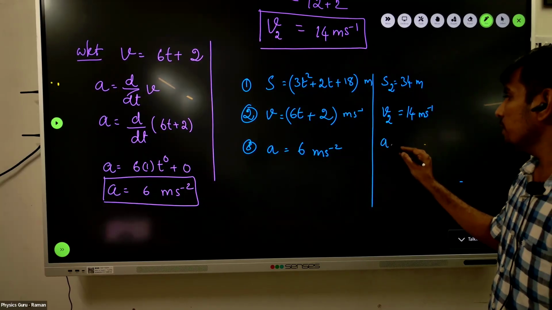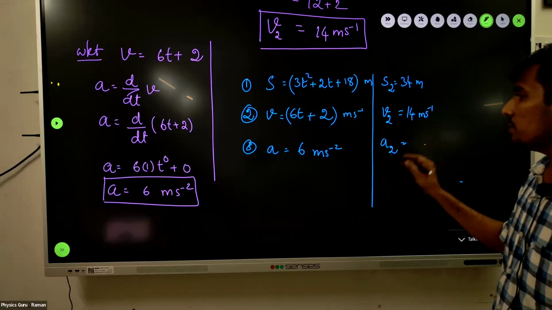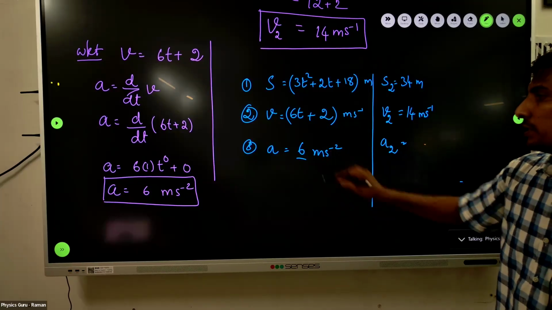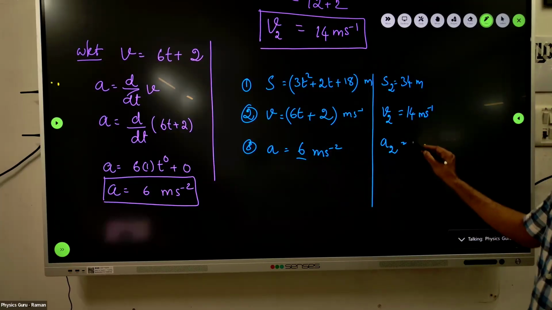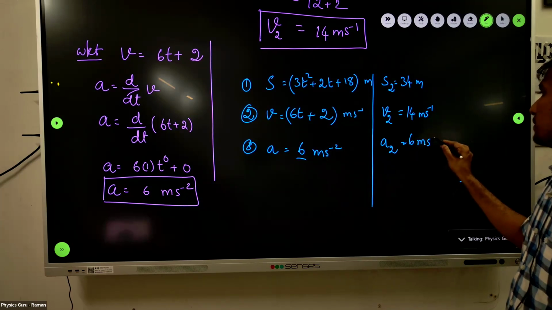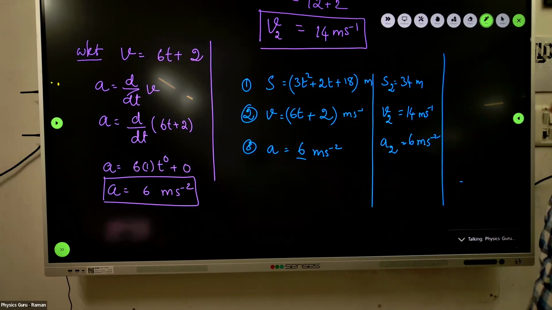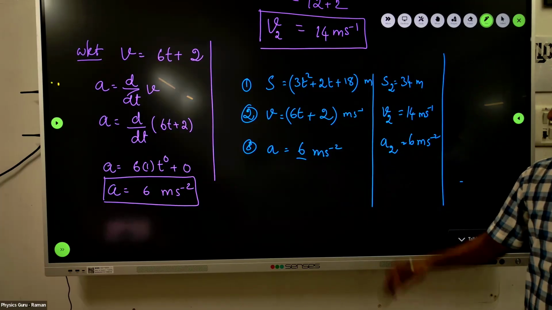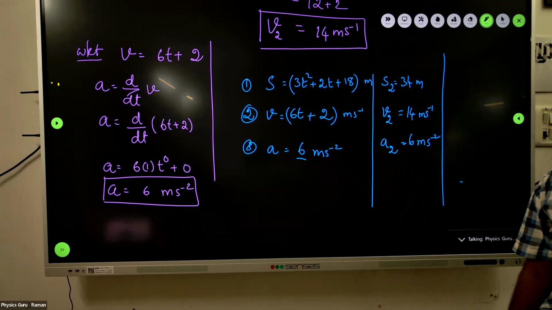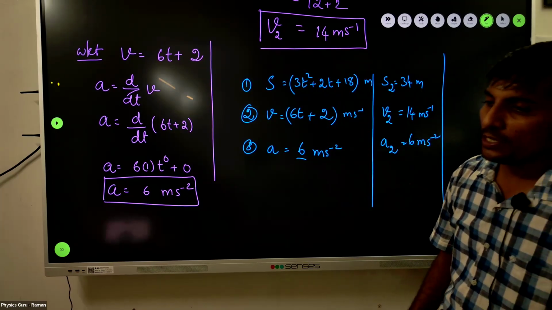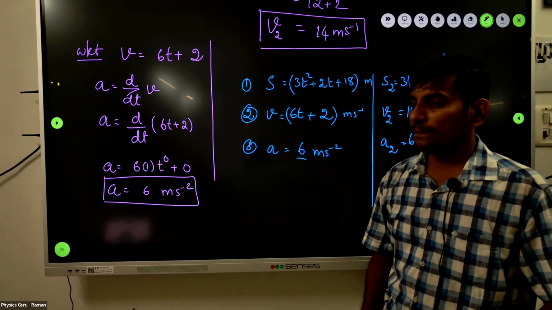And acceleration, whether at 2 seconds, 3 seconds, or whatever the time may be, is a fixed value, 6 meter per second square. So according to the given formula, acceleration is a constant. Am I right? Yeah.